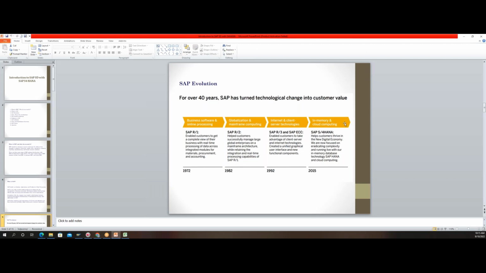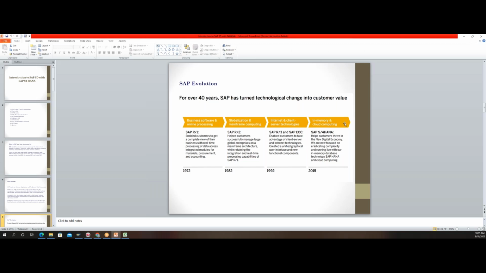Then in the same era, there was another product, SAP ECC. ECC is nothing but ERP Central Component. This again used client server technology, but in a much improved way compared with R3.